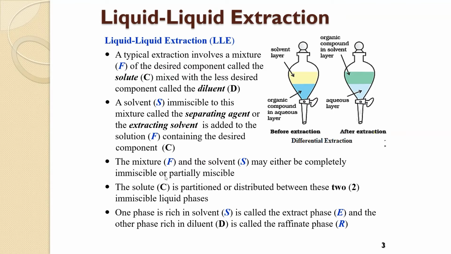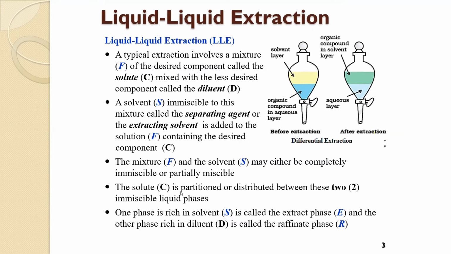As I said, the mixture F and the solvent S may either be completely immiscible or partially miscible. The solute C is partitioned or distributed between these two immiscible phases, and that's why you have to keep on shaking. You have to take note that the organic compound has to be soluble in both.